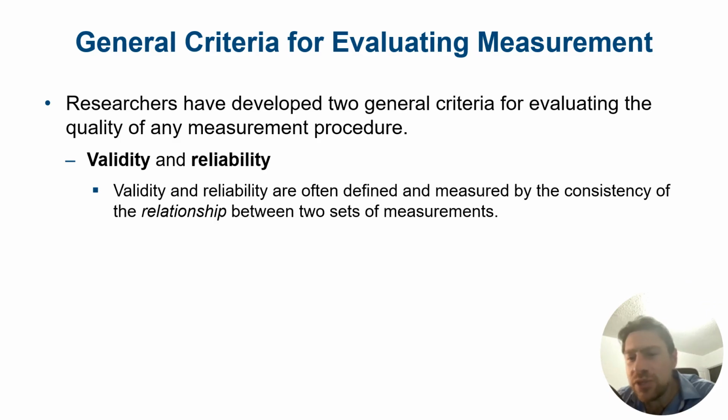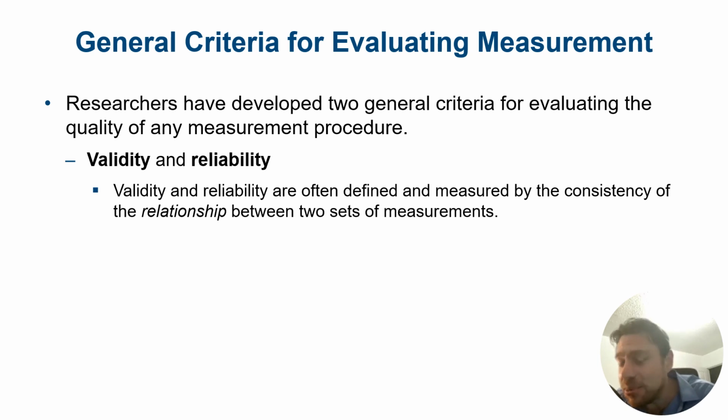All right, so in the last section, we talked about some of the issues with operational definitions, that these are indirect measures of some psychological construct. And because they are indirect measures, they may be flawed in all kinds of ways. They may capture things other than the construct.